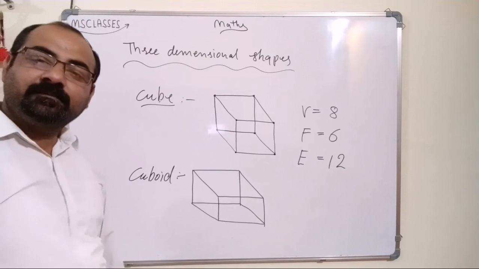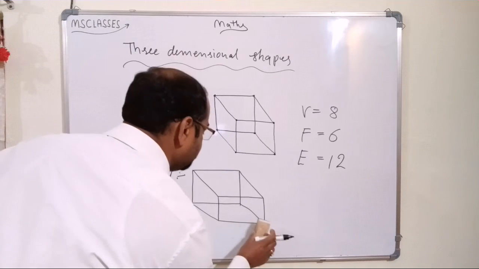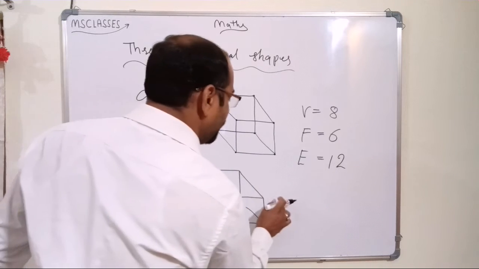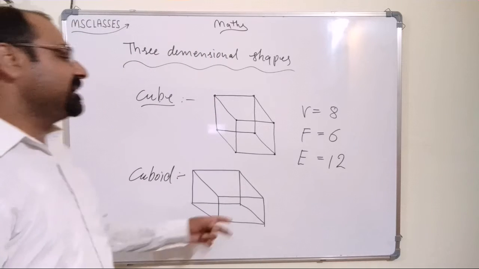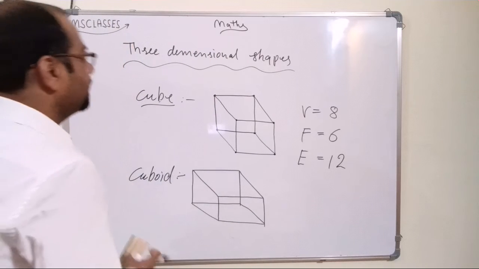Then this is a cuboid. So how many faces does a cuboid have? This is just like a cube.